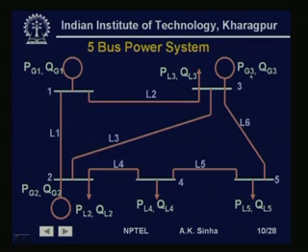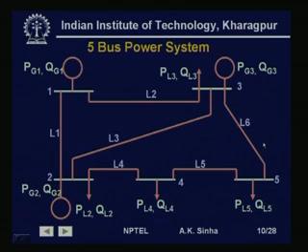At bus 3 we have PG3 QG3 generation, PL3 QL3 loads. At bus 4 PL4 QL4 loads only, there is no generation, PL5 QL5 at bus 5 are the loads, and these buses are connected by various lines L1 to L6 as we see here.